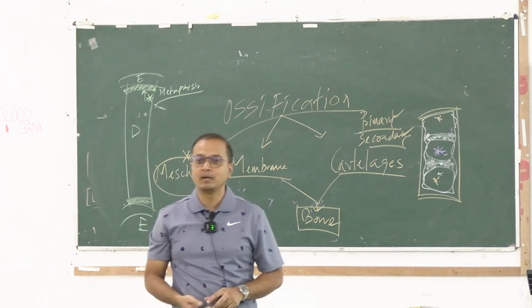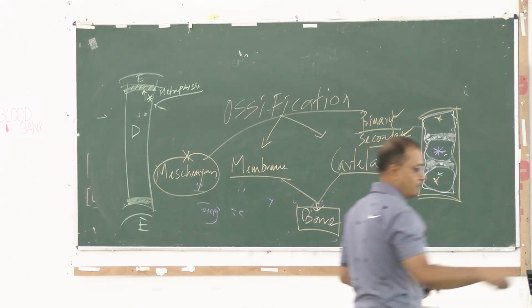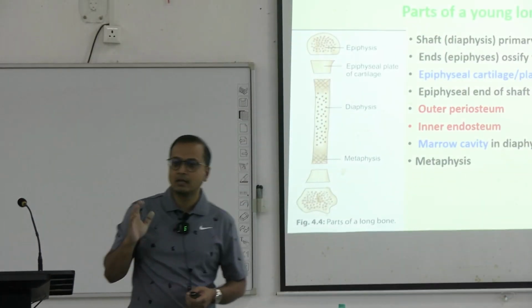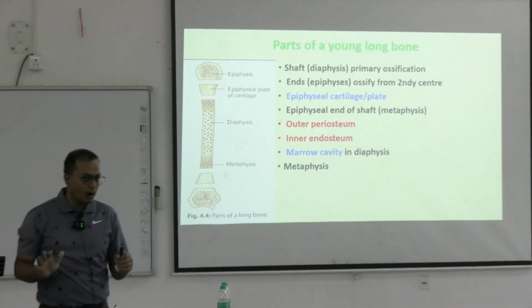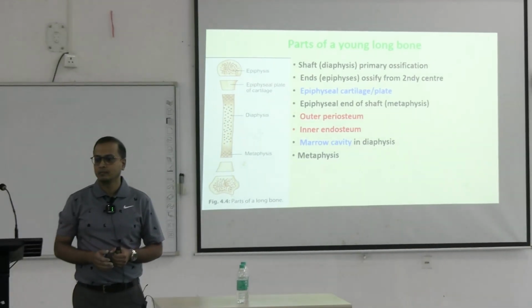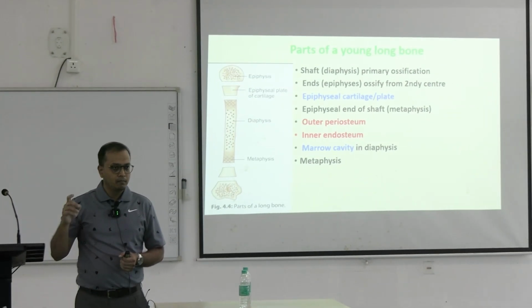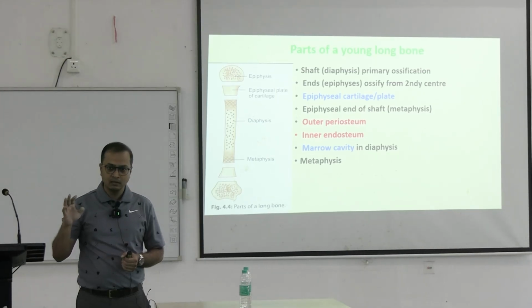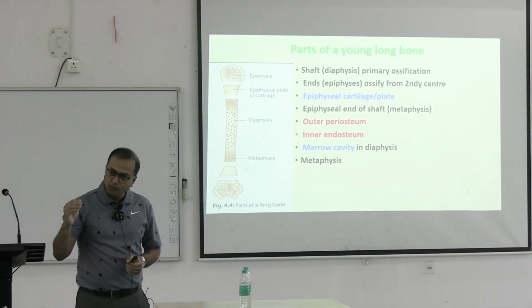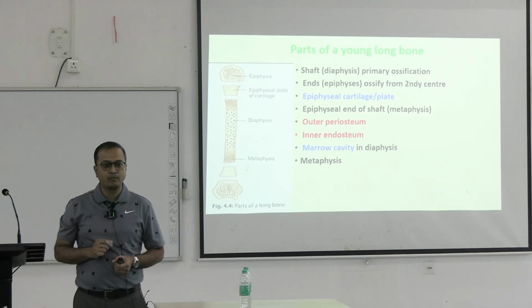The significance of the metaphysis we will discuss next day, but we have to understand these basic elements: metaphysis, diaphysis and epiphysis. Are we clear with these three terms? Clear? Metaphysis, epiphysis, diaphysis, epiphyseal plate, and the significance of the epiphyseal plate.